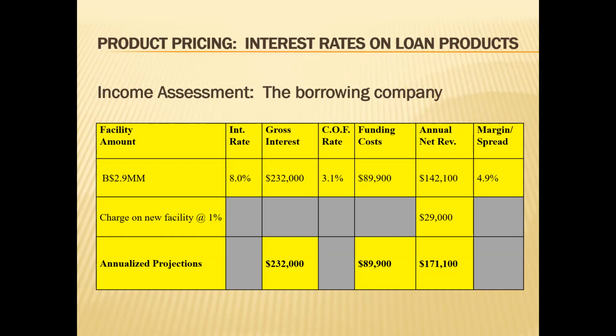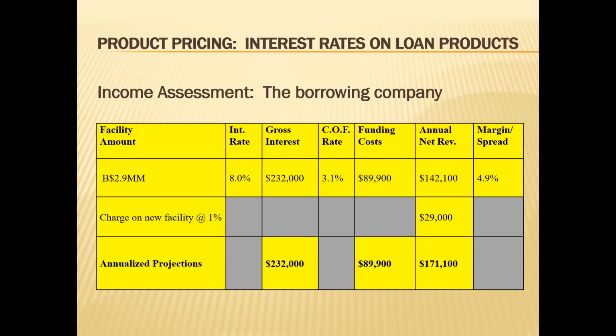So we're looking at this example given in the book, which is Cable Beach Manufacturing Company Limited. We have several columns there. The first column to your left is the facility amount. The next is the interest rate, the gross interest, the cost of funds rate, that's COF, cost of funds, funding costs, annual net revenue, your margin or spread.